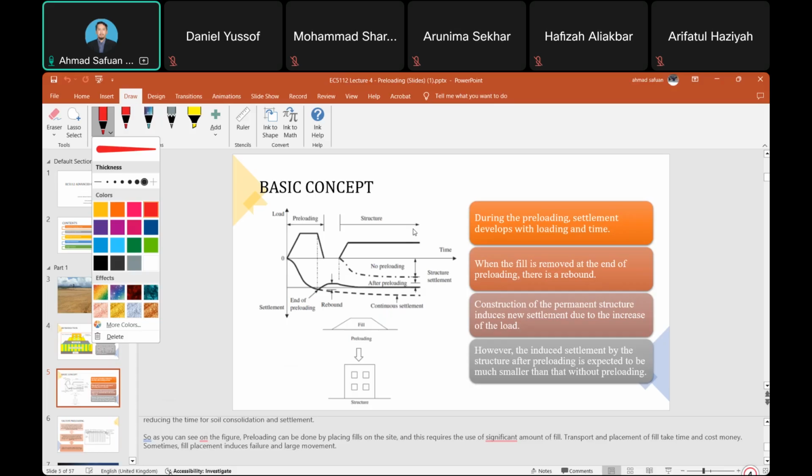Later on, I will show you how to identify the bearing capacity of the soil, so we know the maximum load that we can apply at a certain stage of the preloading construction.